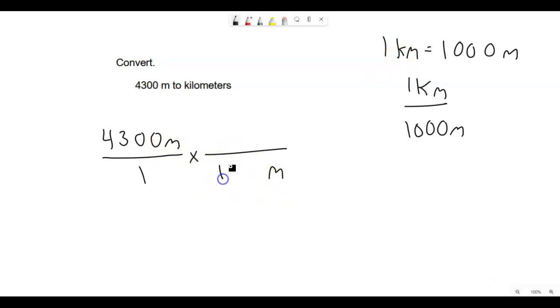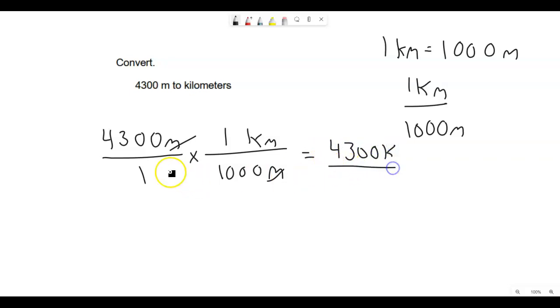So I do that. I'm going to get 1,000 on the bottom and 1 kilometer on the top. These meters will cancel out. So I'm left with 1 times 4,300 kilometers, so that's going to be 4,300 kilometers all over 1 times 1,000, which is 1,000.